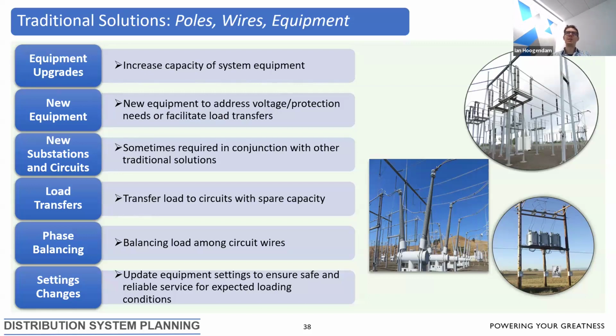A phase balancing or load balancing solution is similar to a load transfer, but it involves transferring customers served from a heavily loaded wire onto an adjacent wire on that same circuit that has spare capacity. And then finally, for voltage and protection grid needs, we can sometimes resolve those needs with settings changes on protection or voltage regulation devices. And this is often an inexpensive and preferred solution.